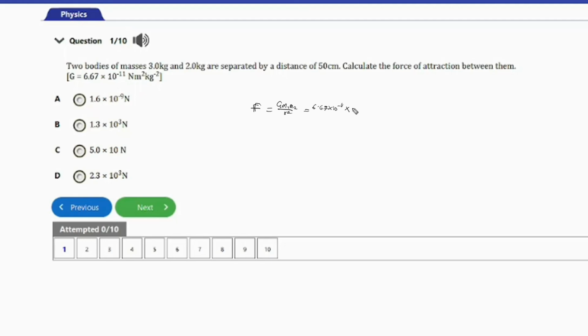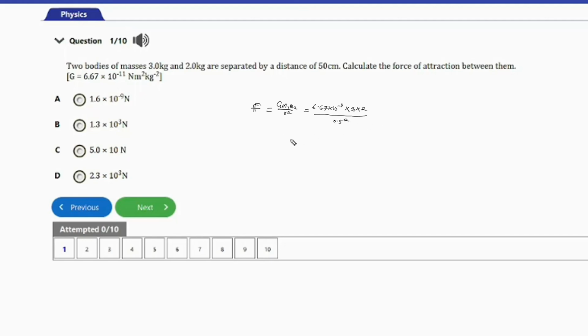Then these times M1, which is 3, so you multiply this by 3, and then M2 is 2, you also multiply by 2. Then over the R squared, which is the distance between them. So guys, take note that R here is in cm, that's 50 cm. So if you convert this to the standard unit, meters, you'll have 0.5 meters.